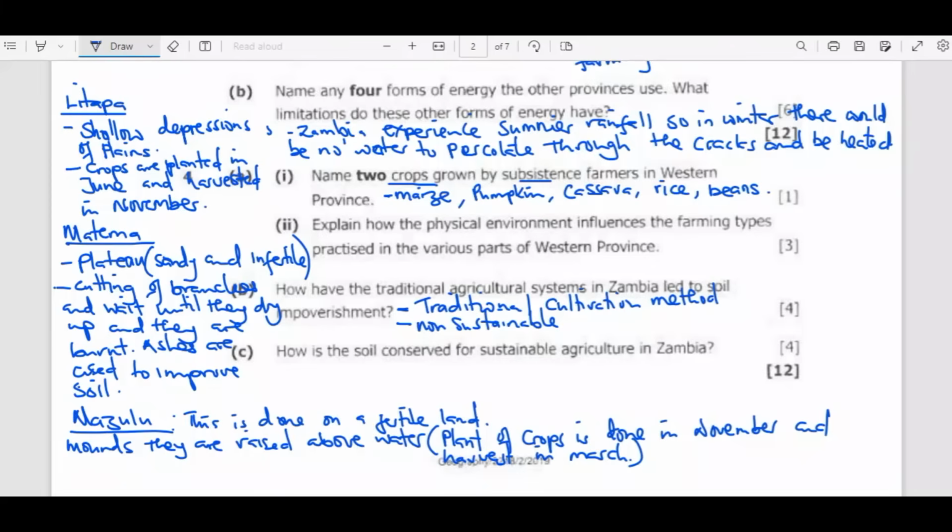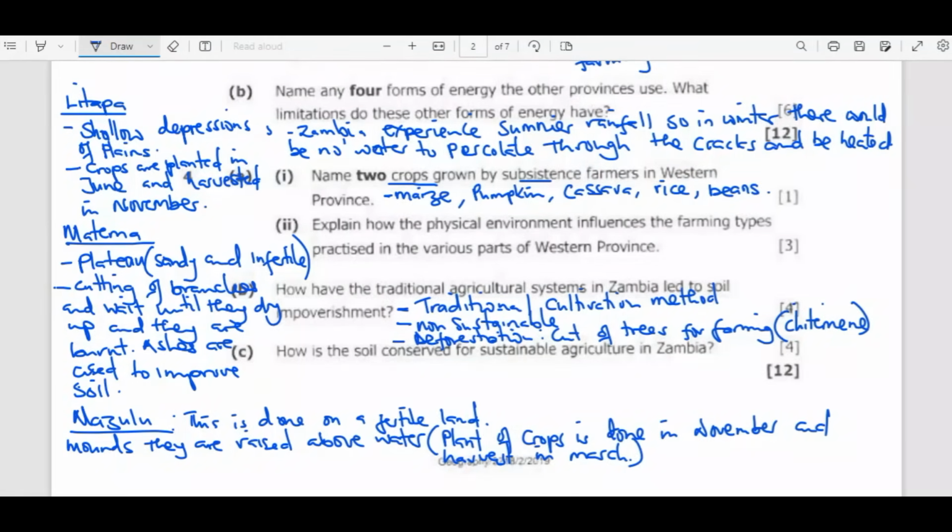And then the other one, deforestation, meaning cutting of trees for farming. An example that we can give is the Chitemene system. Okay, we can move to the other question.